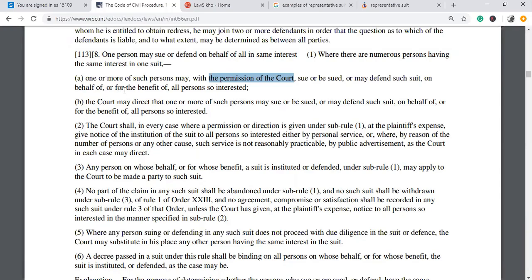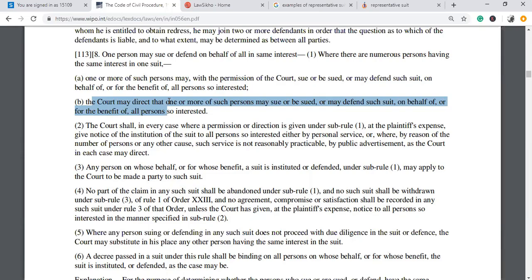He wants to initiate a suit, or he wants to defend in the nature of a representative capacity. So he asks the court for leave under subclause A. Under subclause B, the court directs, yes, you go ahead and sue or defend in the representative character.